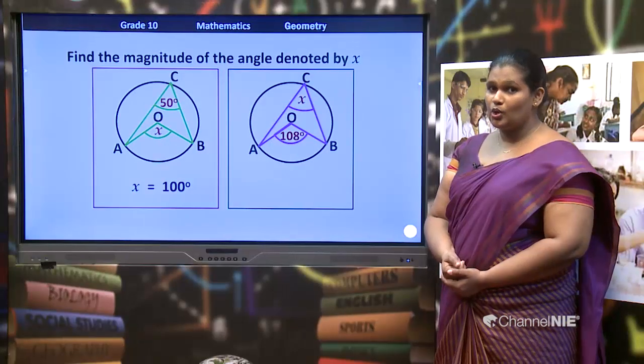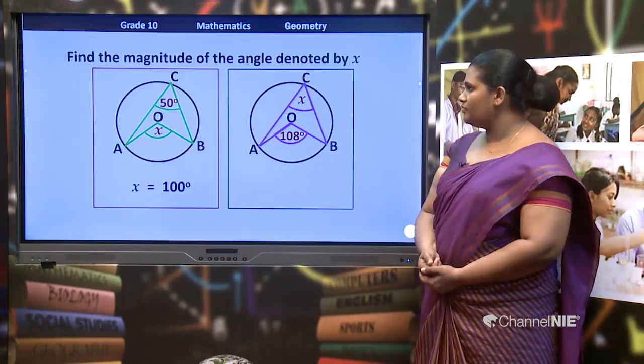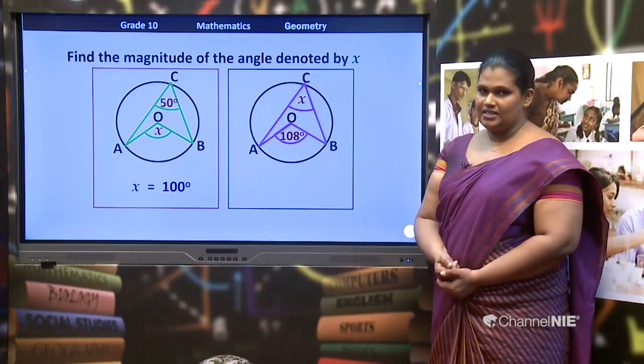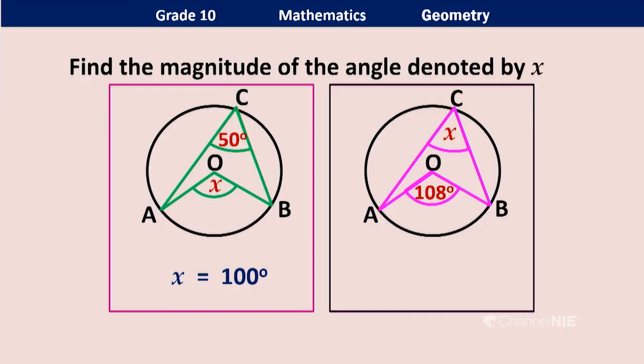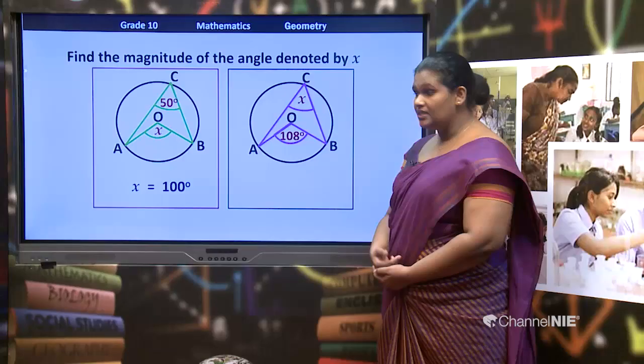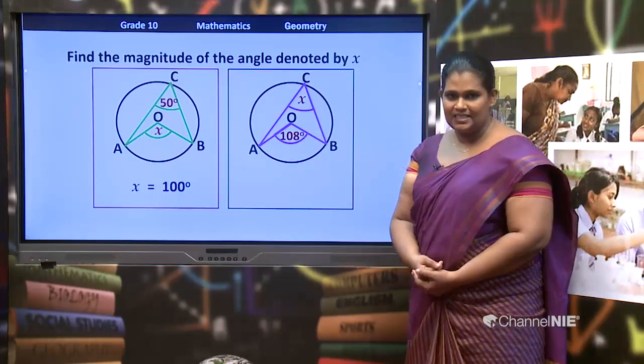Right. Here also we have to find the magnitude of x. Once again, we can see a circle with center O and there are 3 points on the circle, point A, B and C. Right. By looking at this picture, once again we can observe angle AOB is the angle subtended by the minor arc AB at the center of the circle.